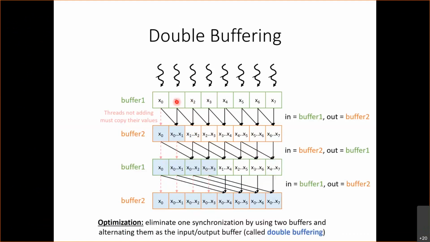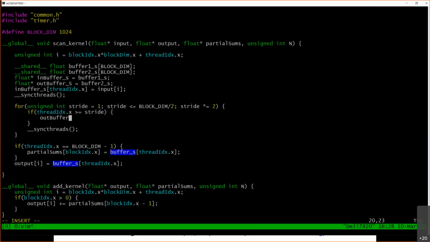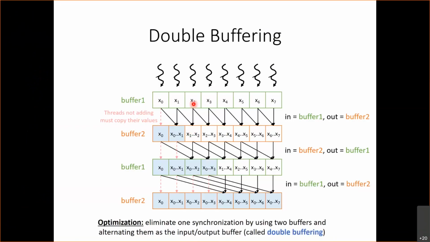So here, out_buffer_s of threadIdx.x is equal to in_buffer_s of threadIdx.x plus in_buffer_s of threadIdx.x minus stride. So I'm going to put in the output buffer the sum of the corresponding element of the input buffer and the element at threadIdx.x minus stride. This is what I'm doing over here.